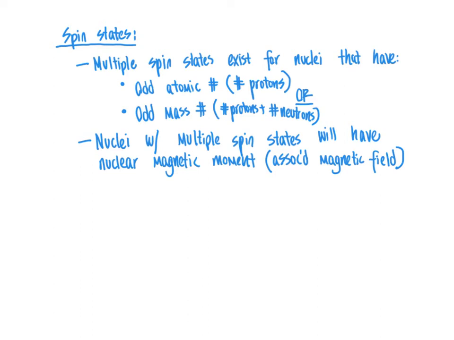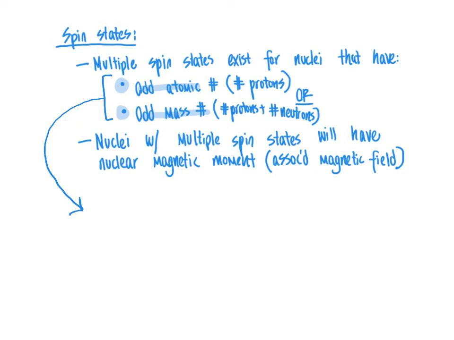So when we are thinking about what atoms we are able to determine an NMR spectrum for, in other words, what particular atoms meet this criteria up here of having an odd atomic number or an odd mass number, we can look at a variety of atoms within the periodic table, and we should be able to deduce what nuclei will be NMR active versus which ones will not be detectable by NMR.